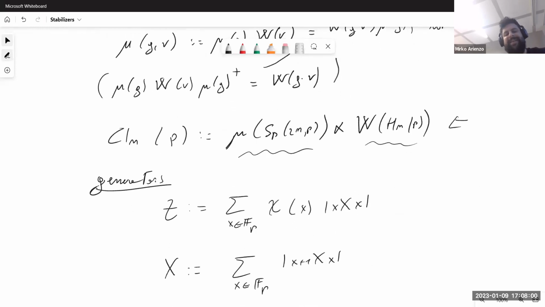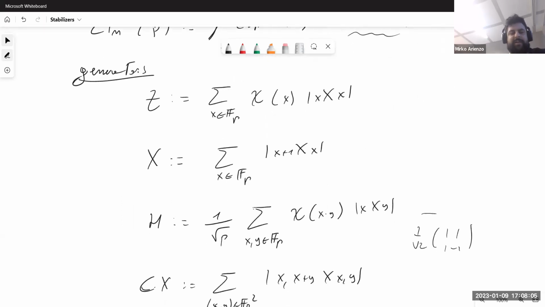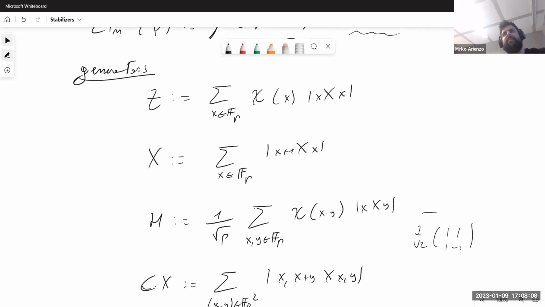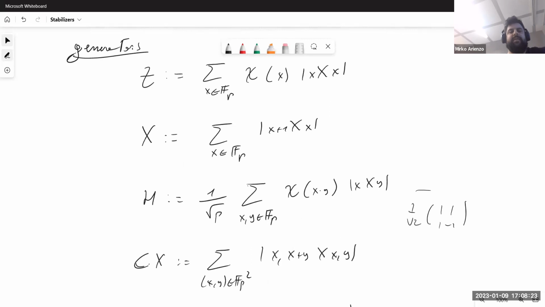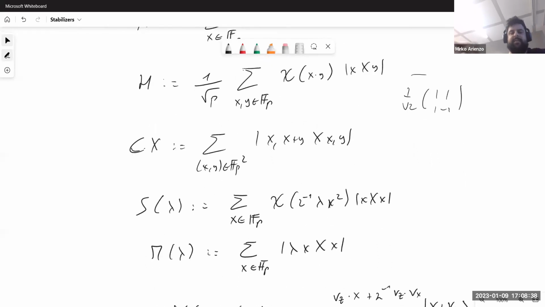But you can make some technical considerations, and the idea is that you still define the Clifford group as the group that is the normalizer of the Weyl operators or the Pauli operators, in such a way that the generators are basically the same. So these Z, X are still coming from the Heisenberg part or phase space part, and these others are still generators of the symplectic group in characteristic 2.